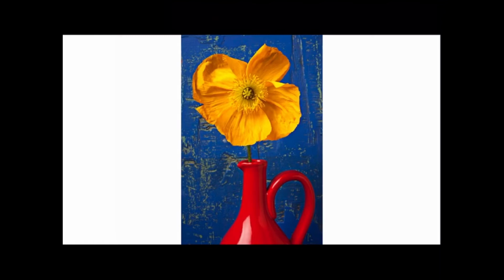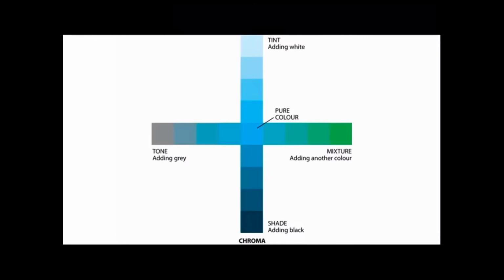Again, we're going to talk more about color on Monday. But the primary colors, you can't mix any colors to get these colors. That's why they're the primary colors. Yeah, we'll talk more about this with value and color theory, but you can see how when you shade a color, it makes the value more darker, and then when you tint the color by adding white, it makes it lighter.